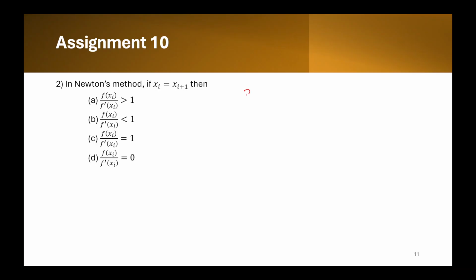We know from Newton's method that xi plus 1 is equal to xi minus f(xi) upon f dash (xi). So if xi plus 1 is equal to xi, then f(xi) by f dash (xi) should be equal to 0. So D part.